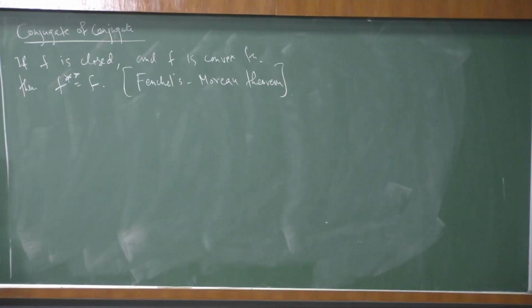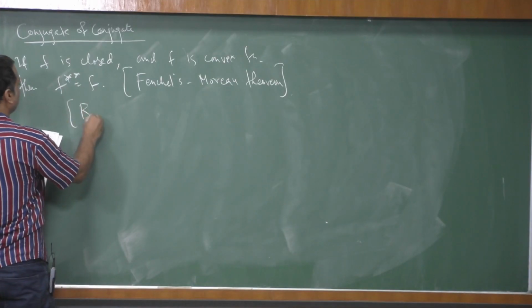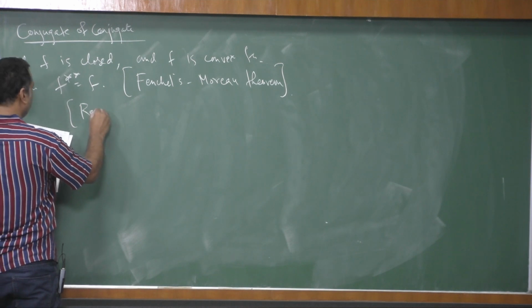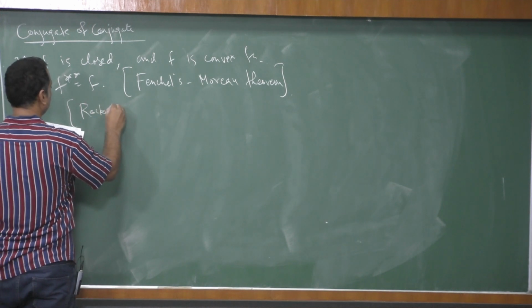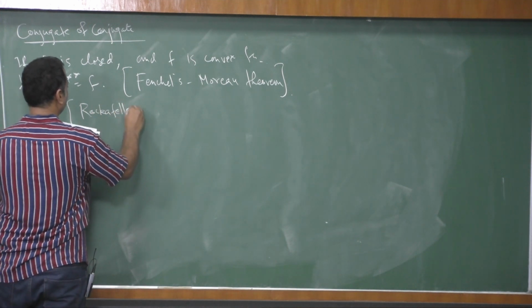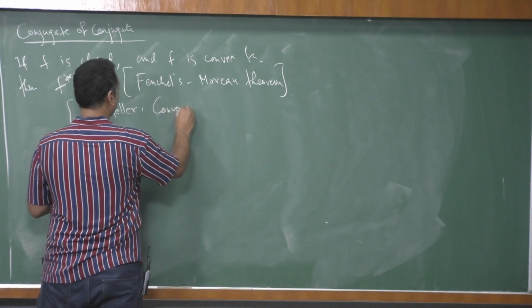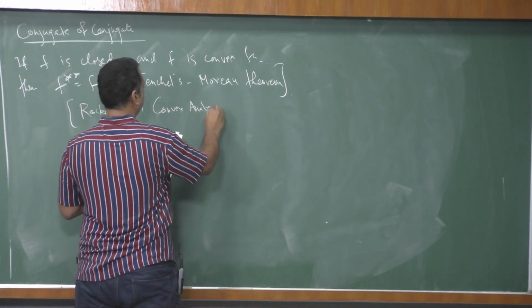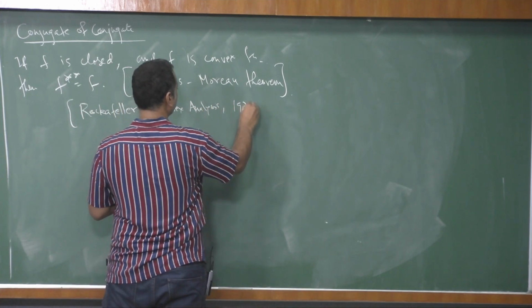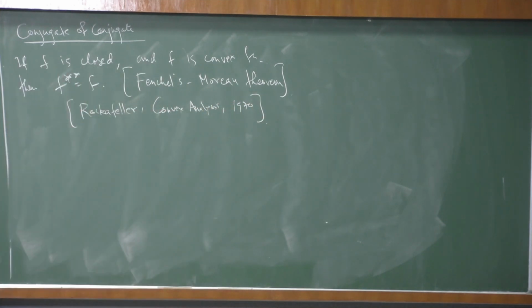This proof can be found in Rockafellar's 1970 book. He's the main person who developed convex analysis. So the variational approach comes from the conjugate.